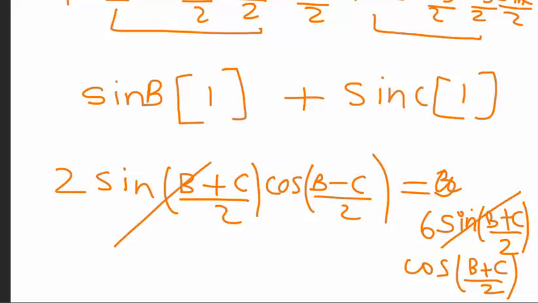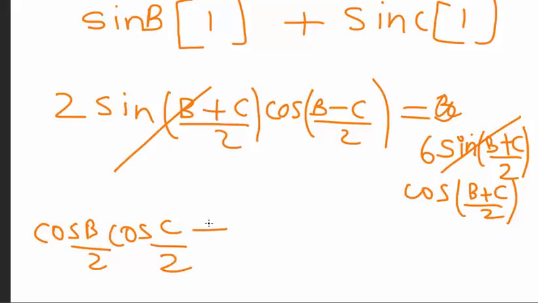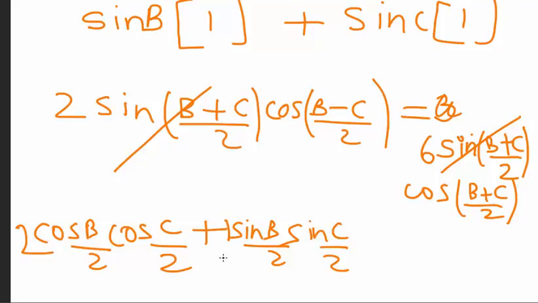Now let's just expand this, and I think we are pretty much done. So if I just expand both sides, I'll get cosine of b by 2 cosine of c by 2 plus sine of b by 2 sine of c by 2, and don't forget this 2, so this will also be 2, is equal to, actually let's simplify, let's divide both sides by 2, so this will become 3.